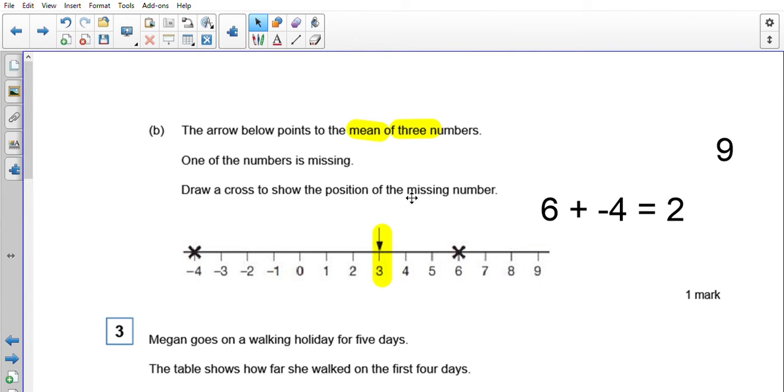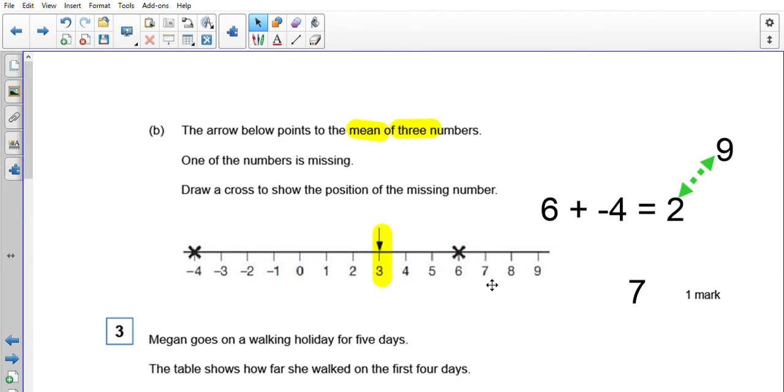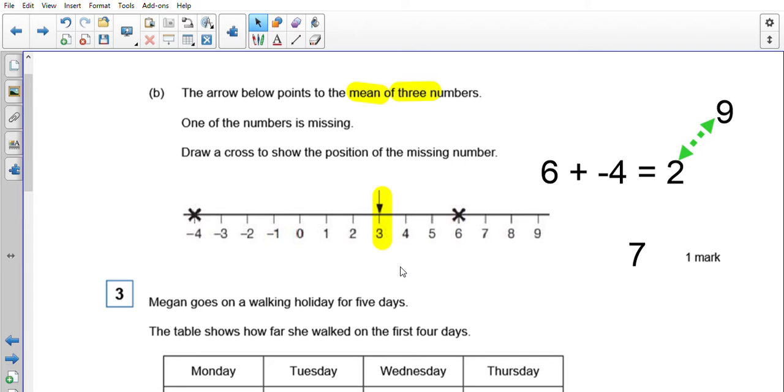Now the missing number is whatever's left between the total I've got so far and my actual total, which is 9. So the difference there is going to be 7. So that is where I need to draw my cross for my missing number here.